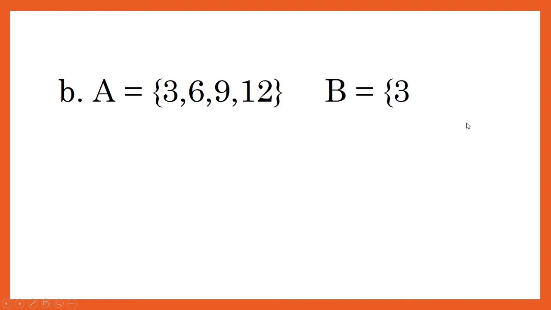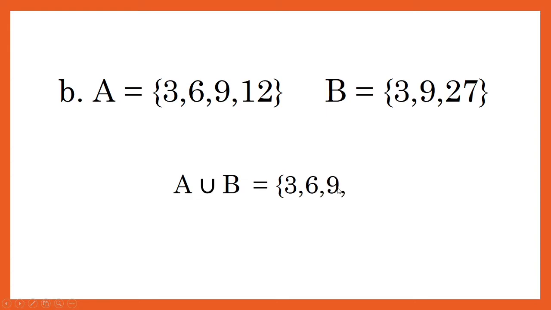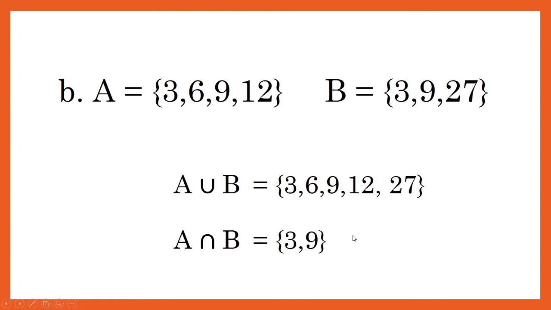And for set B, 3, 9, 27. Let's get A union B. So we have 3, 6, 9, 12, 27. And then for intersection, there is 3 and there is 9. Okay. Right?